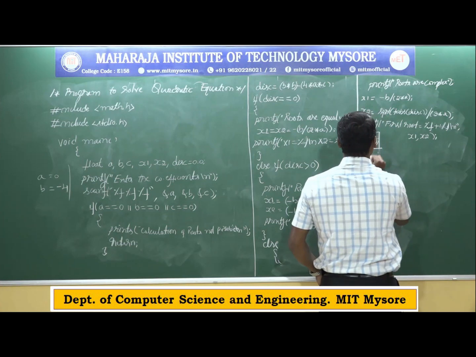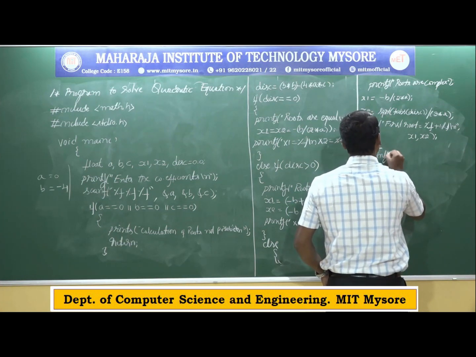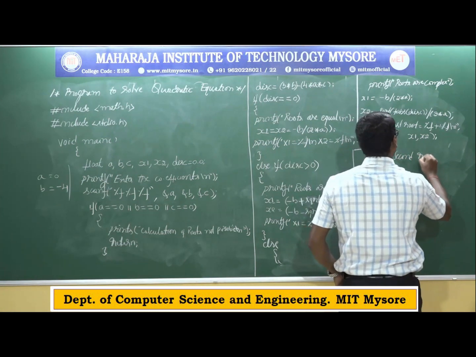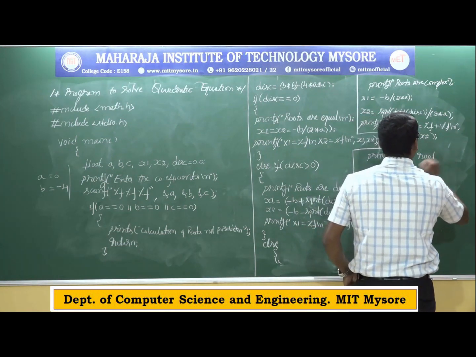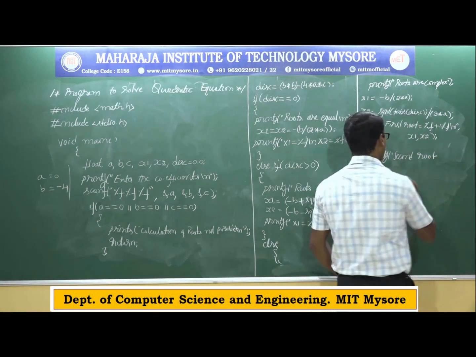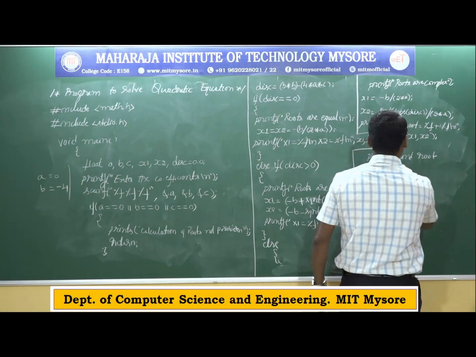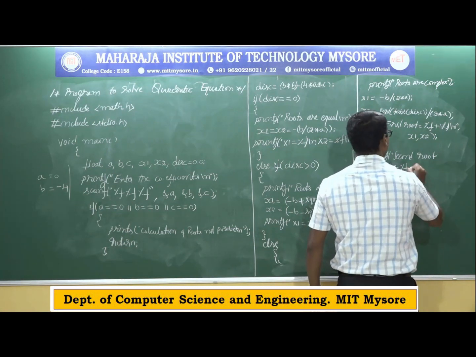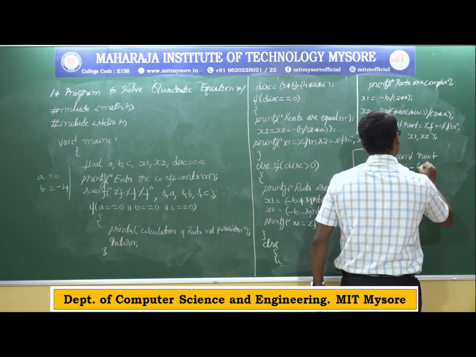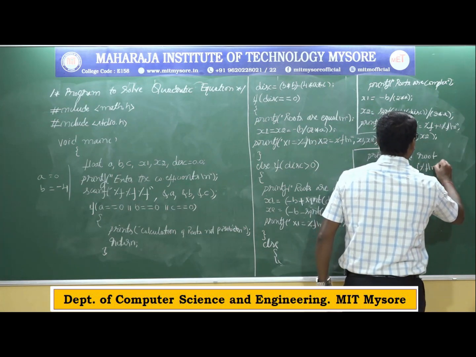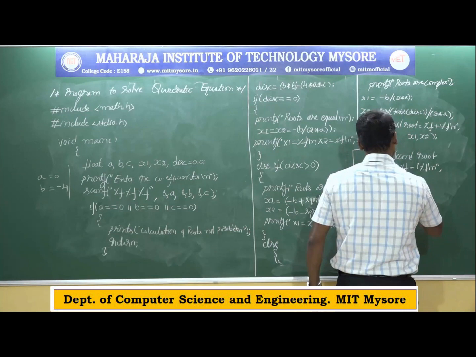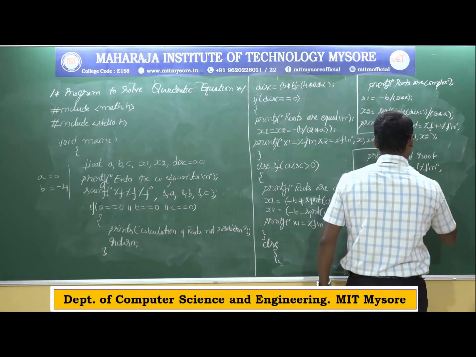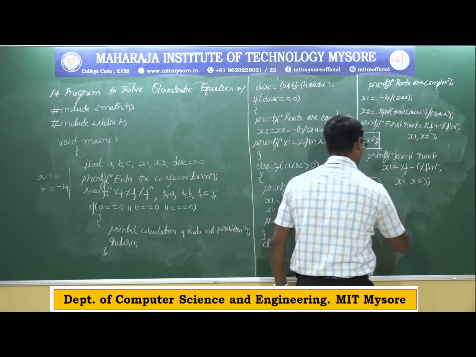Similarly, printf second root is equal to percentage f minus I percentage f slash n, comma x1 comma x2, then close the bracket.